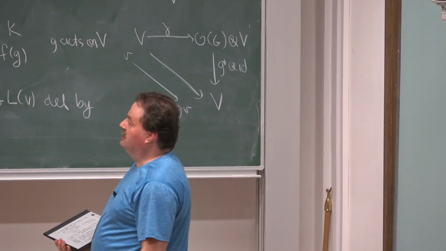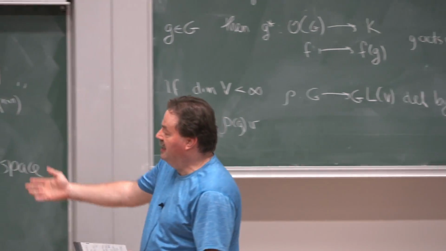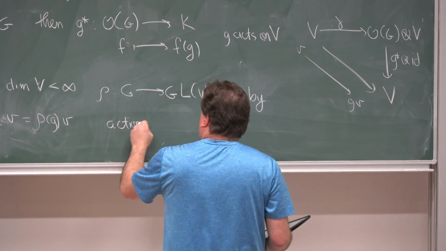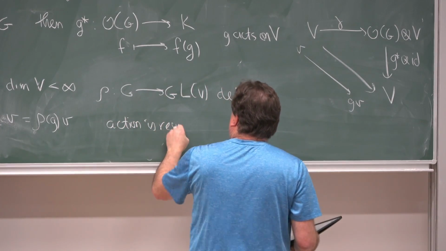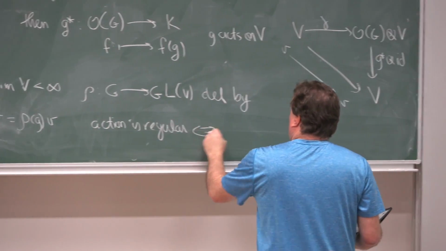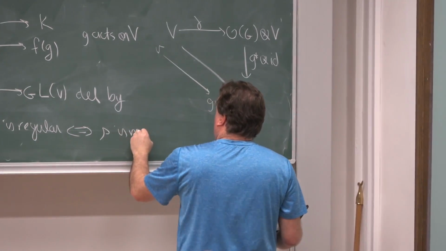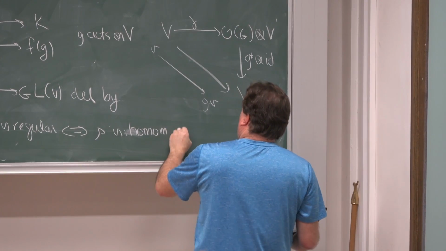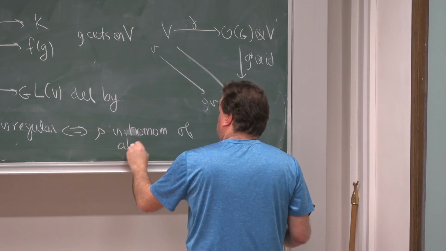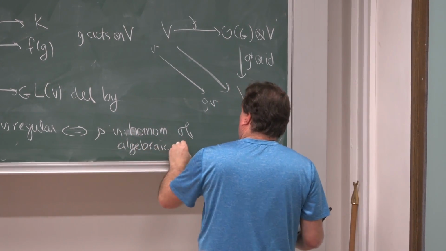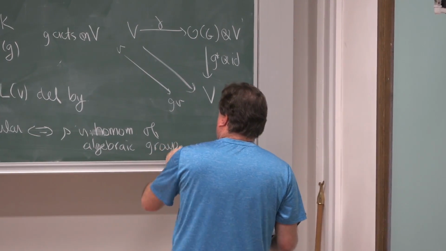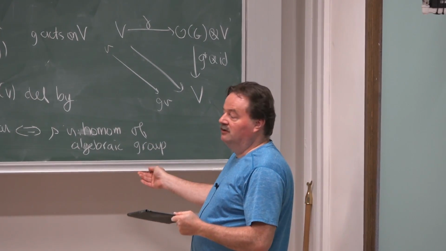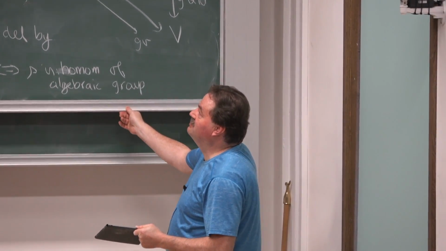And then this action is a rational action. The action is regular if and only if rho is a homomorphism of algebraic groups, or affine algebraic groups, which means it's a homomorphism of groups, and it's also a morphism of affine varieties.